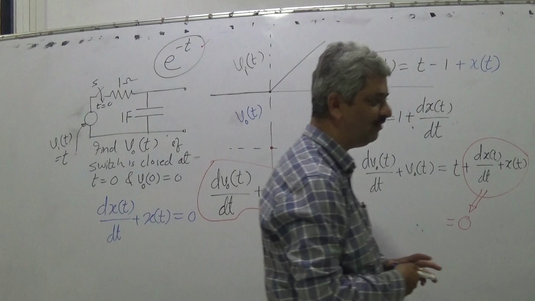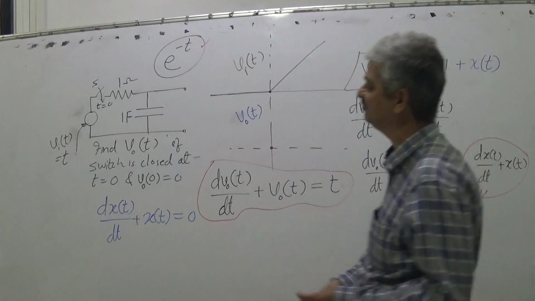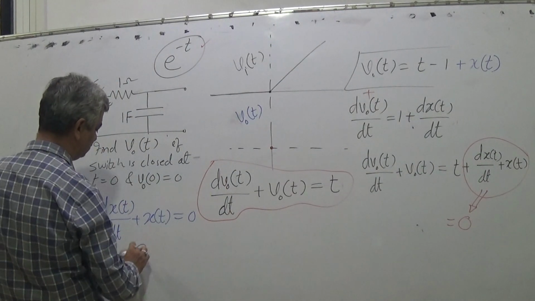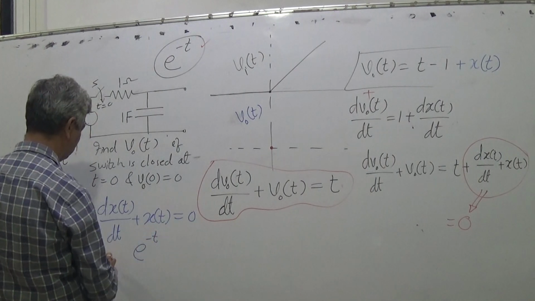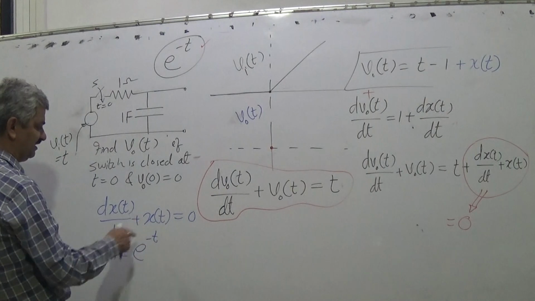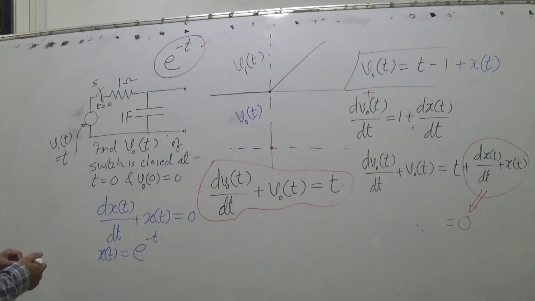And now, by now, you must be very much expert in knowing that an equation where dxt by dt plus xt is 0, its solution is always something e raised to minus, and for this, the direct solution is e raised to minus t. So, xt equal to e raised to minus t, if there is minus e raised to minus t, that is equal to 0.